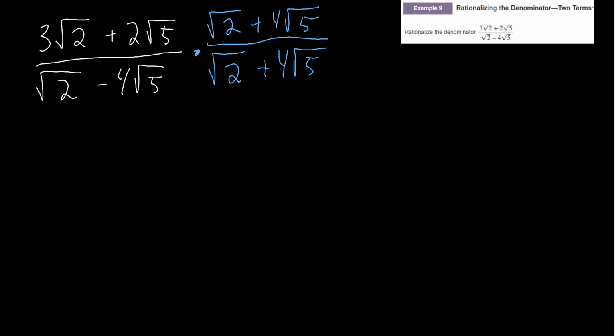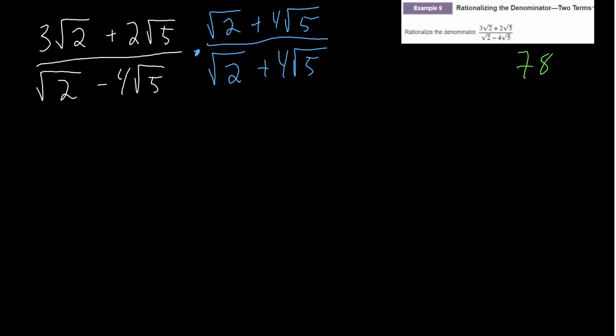So the denominator is going to be the square root of 2 squared, which is 2, minus b squared, so 16 times 5, which is 80. So 2 minus 80, or in other words, negative 78. Okay, so my denominator is going to be 78. Again, just doing the difference of squares. So I'm just denoting my denominator here at 78.